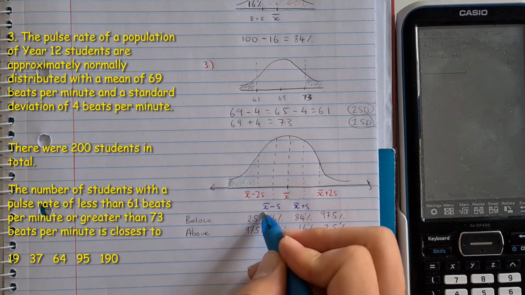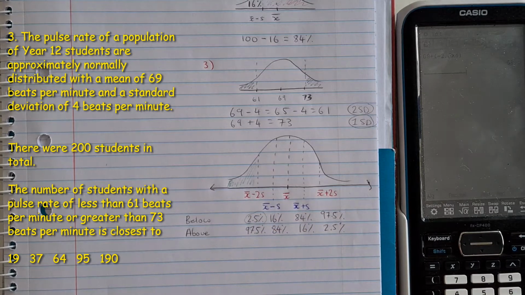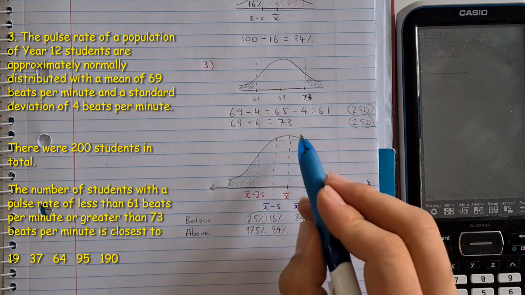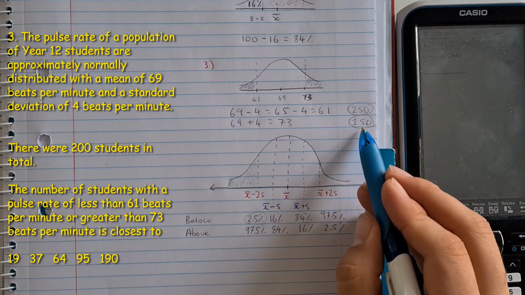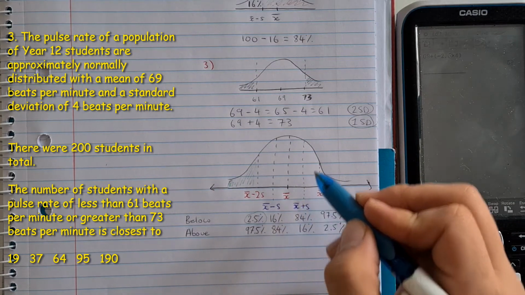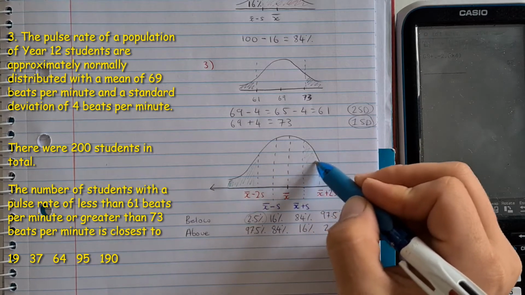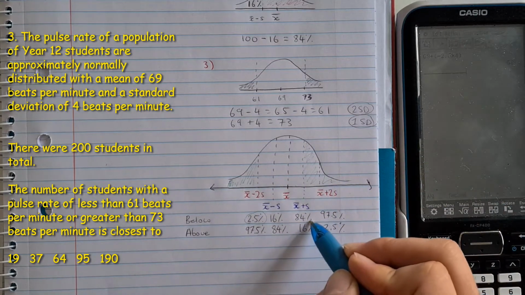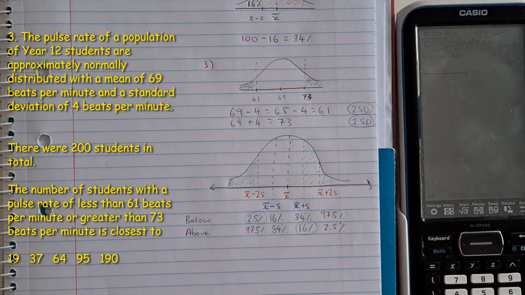Well, below this point, it's 2.5%. For 73, it's 1 standard deviation above the mean, so this point here. Now, what percentage is above this point? That's going to be 16%.